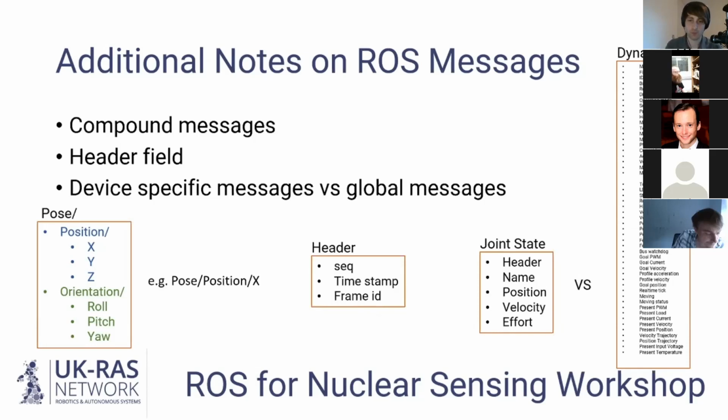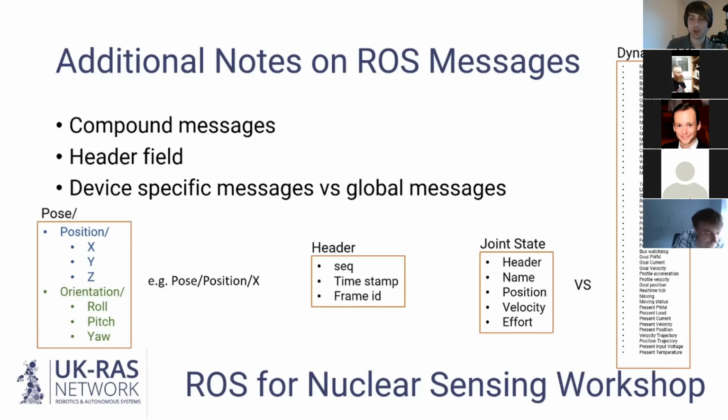So ROS messages can be nested. You can have these compound messages. For example, if we look on the bottom left, we have pose. It's a little bit different from the real one, but you can see that there are two fields called position and orientation.